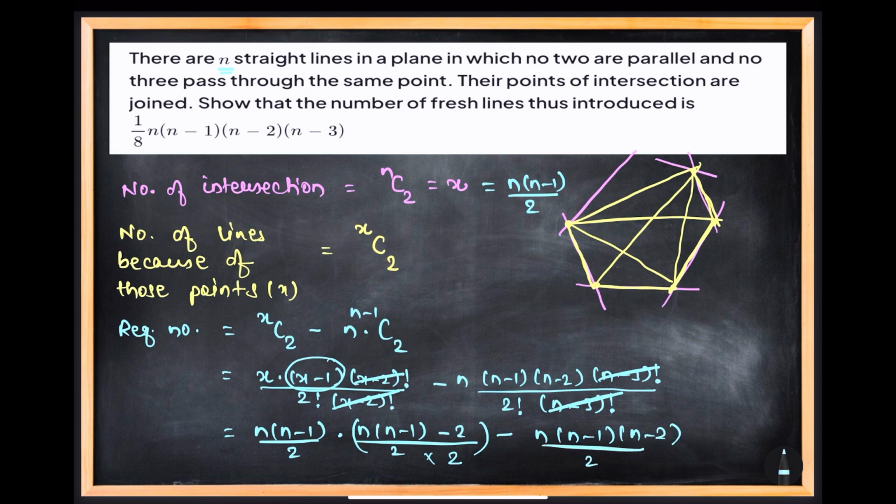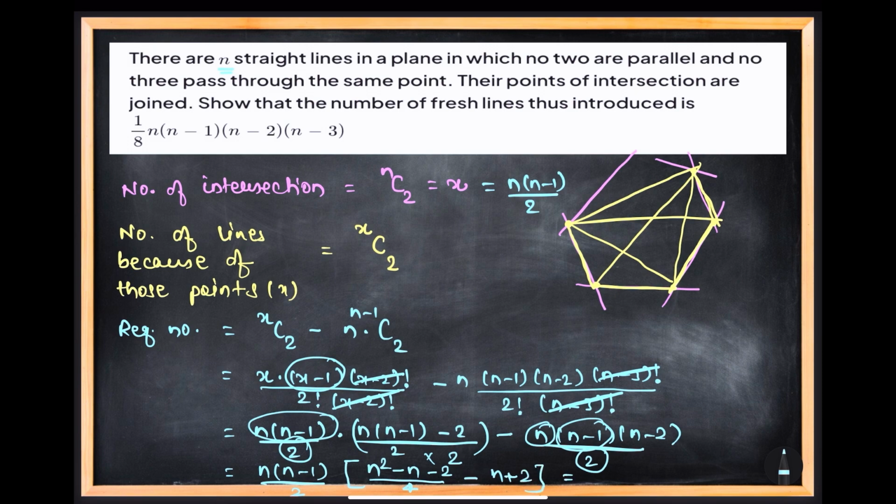So look at this, we got 8. Let's simplify. We can take n into n minus 1 common, and by 2 is also common. Now we are left with n square minus n minus 2 by 4 minus n plus 2. Correct or wrong?